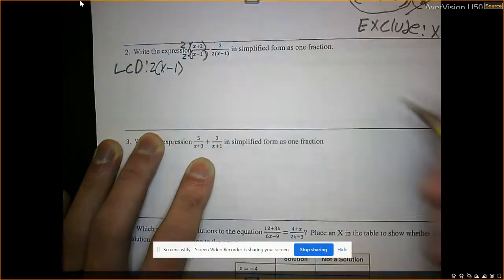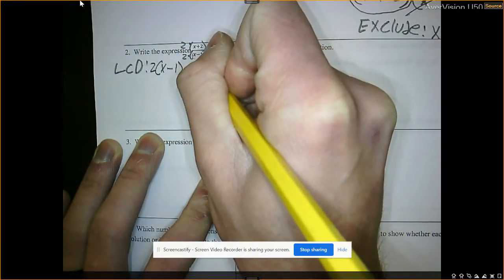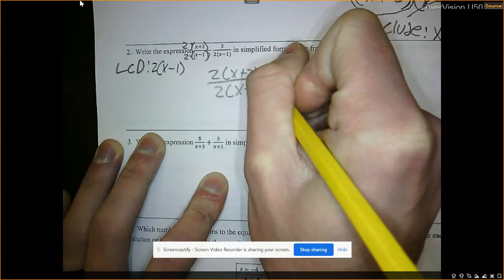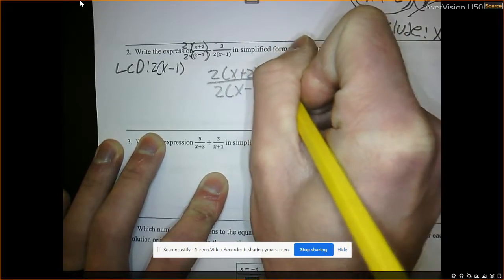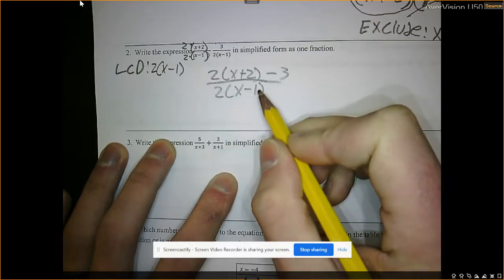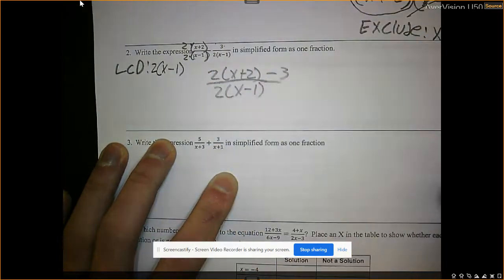And if I'm multiplying the bottom by 2, I got to multiply the top by 2. So what this turns into is 2 times x plus 2 over 2x minus 1. And that's the common denominator, remember, so then it's really just -3 also on top. So we can write it all over that now. It's then subtracting the 3.